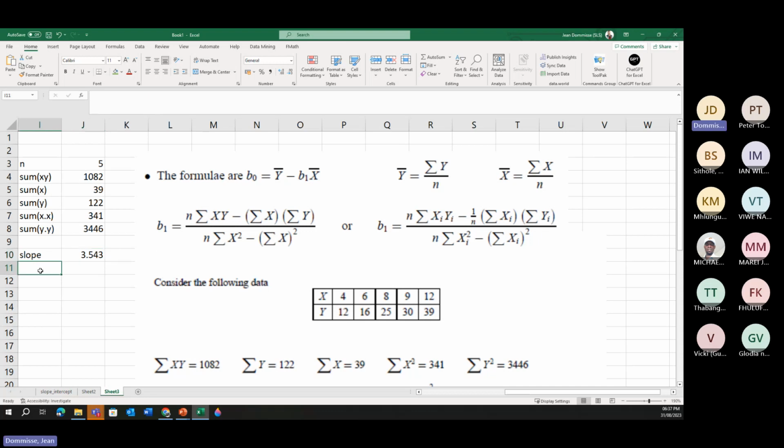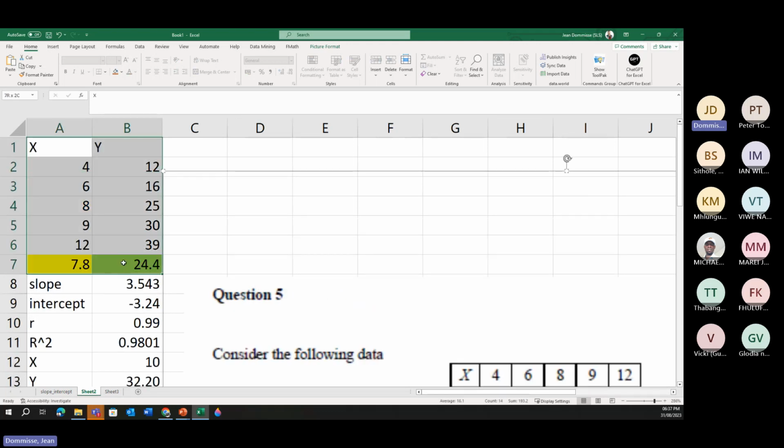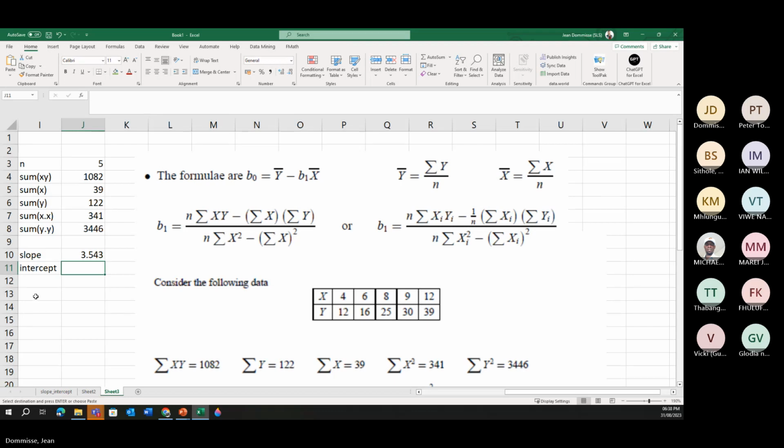Then to get the intercept, we've calculated the slope there, so let me just copy that over.